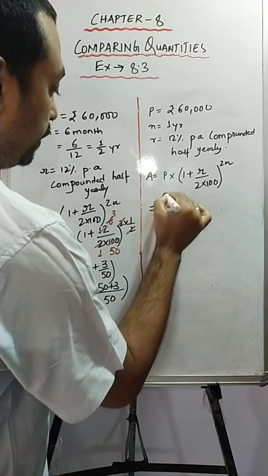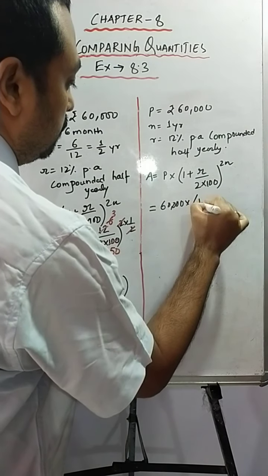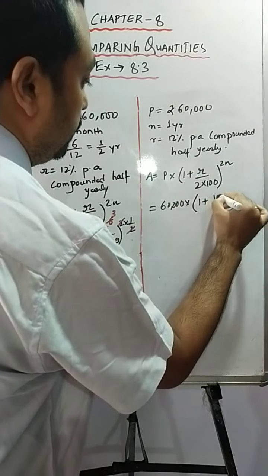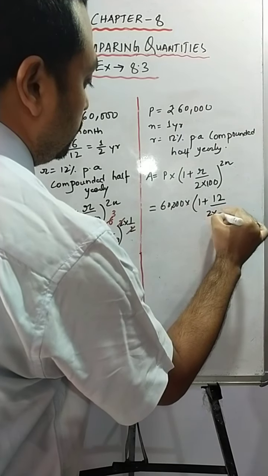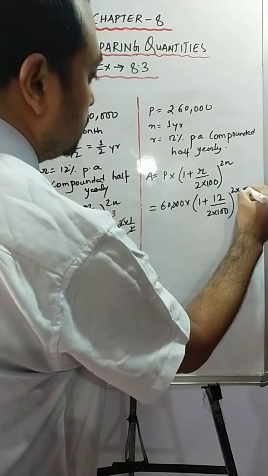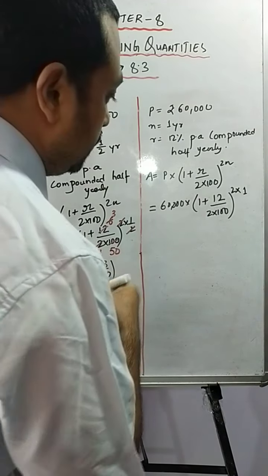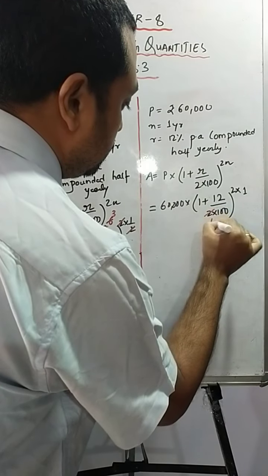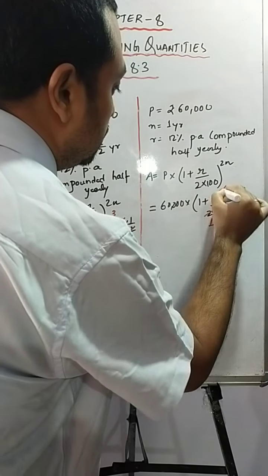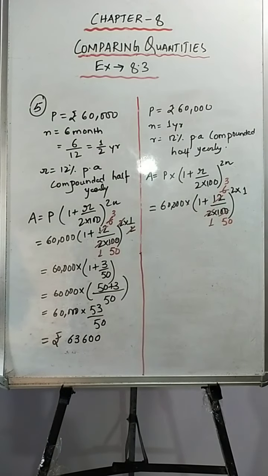Now, P is 60,000. 1 plus R is what? 12 by 2 into 100, to the power 2 into n. What is n this time? 1. So we'll write 1. Okay, now let's reduce it. Same thing. 2 1s are 2, 2 6s are 12, 2 3s are 6, 2 50s are 100.